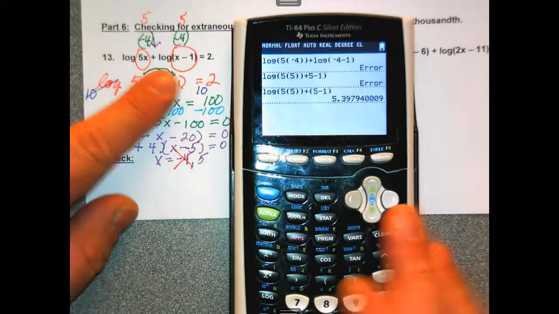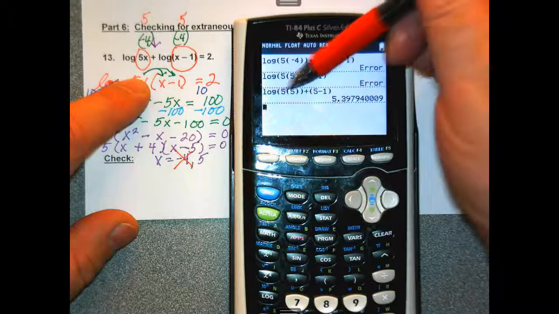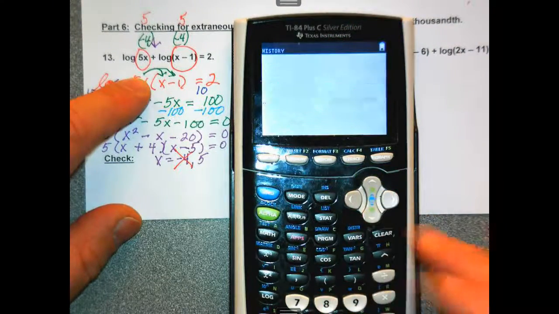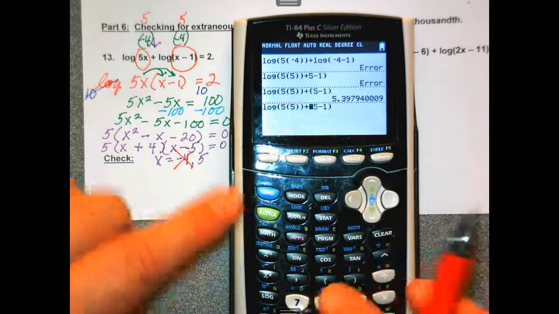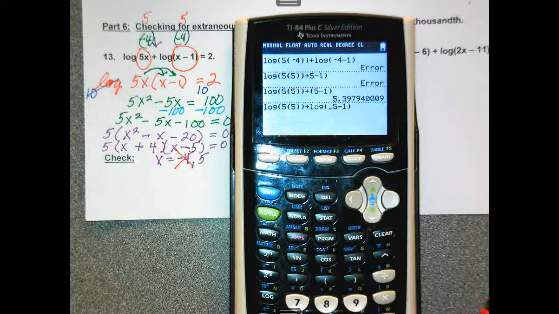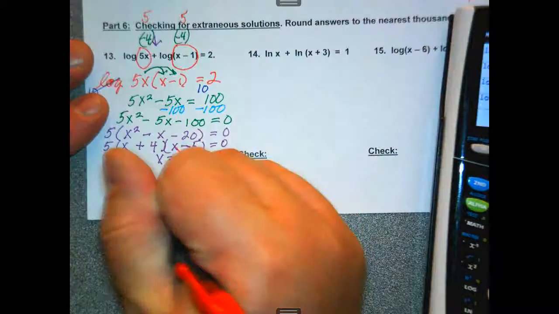I forgot my log. Okay, it equals 2. So 5 is indeed a checked answer.